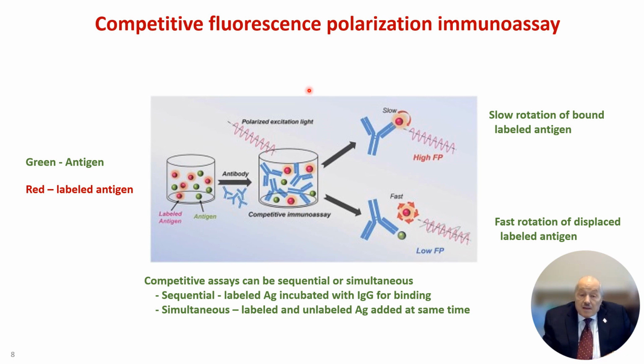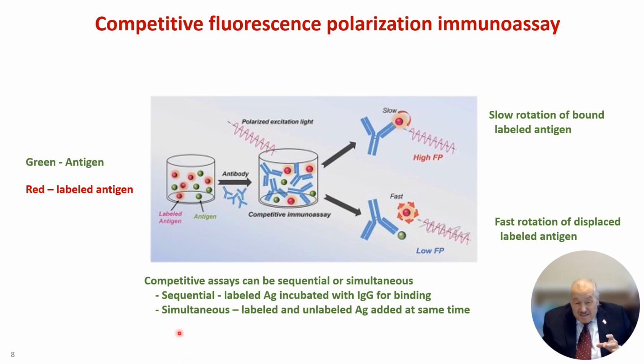Okay, now let's look at a competitive fluorescence polarization immunoassay. We have our antigens in green and our labeled antigen in red. So we have this mixture of labeled and unlabeled antigens, and we're using this to measure the amount of unlabeled antigen that is in the sample.